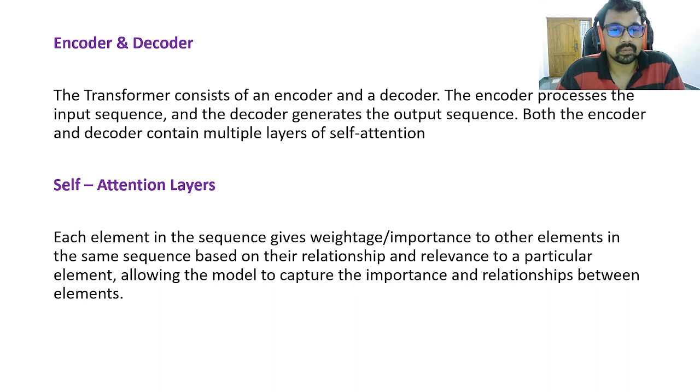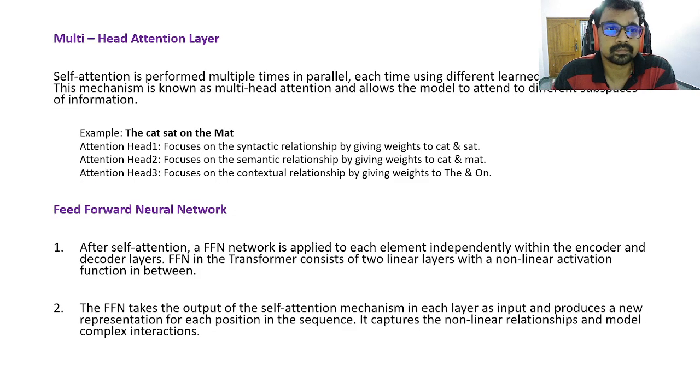We will have a follow-up video on self-attention layers with examples, and we will deep dive into it. I have shown you an example, I love India. The word I will assign weightage to other words like love and India. Similarly, love will assign weightage to I and India, and India will assign weightage to I and love. This is the process and it goes on. We will discuss in detail in the next video.